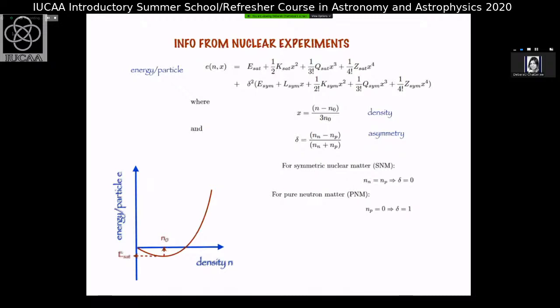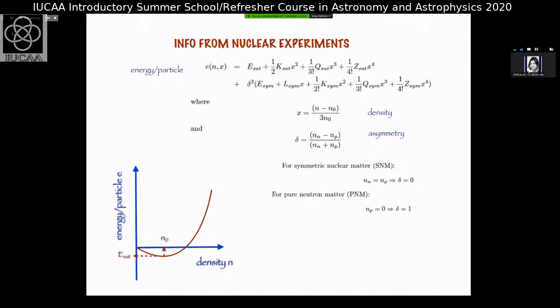In the first terms, E_sat is the saturation energy per particle, so the energy per particle at saturation. K_sat is the derivative of that with respect to density. It's also called incompressibility. Q_sat is the third derivative of energy per particle with respect to density. Z_sat is the fourth derivative, and so on.